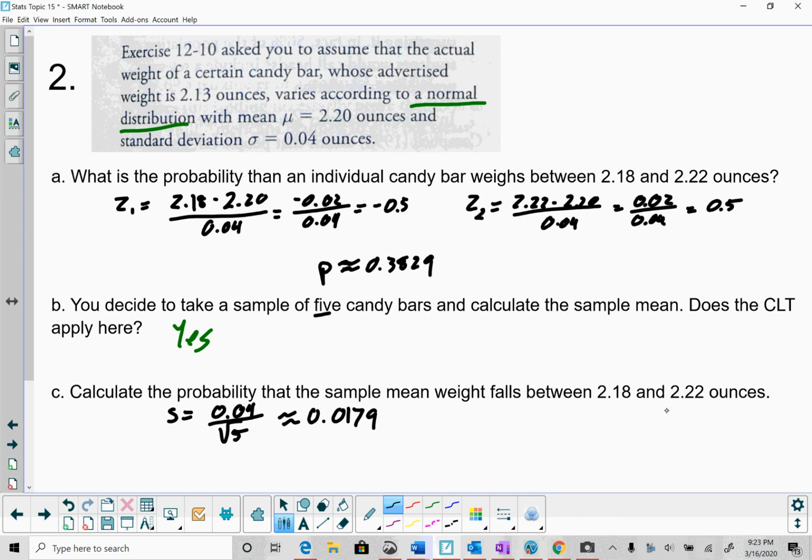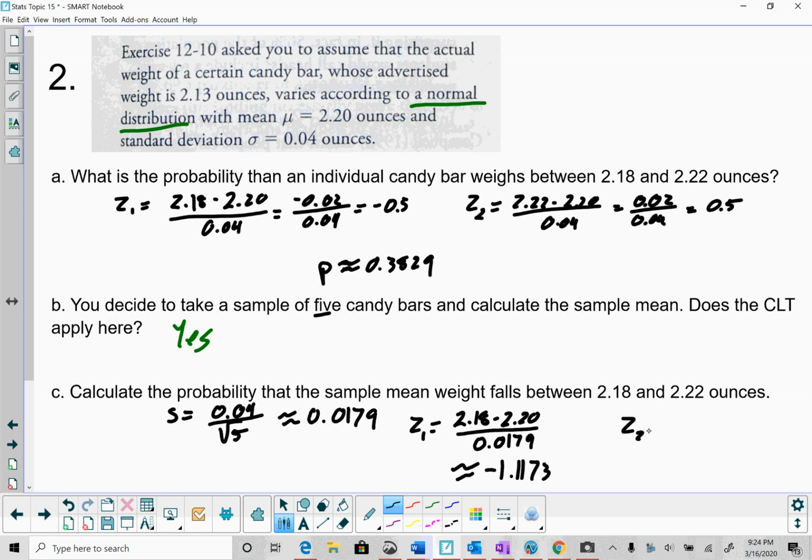So again, we've got our two values here, the upper end and the lower end. We need to recalculate z-scores. So we'll take the 2.18, subtract the population mean mu, 2.20, but now we're going to divide by our new standard deviation, 0.0179. So that'll give us a z-score of negative 1.1173.